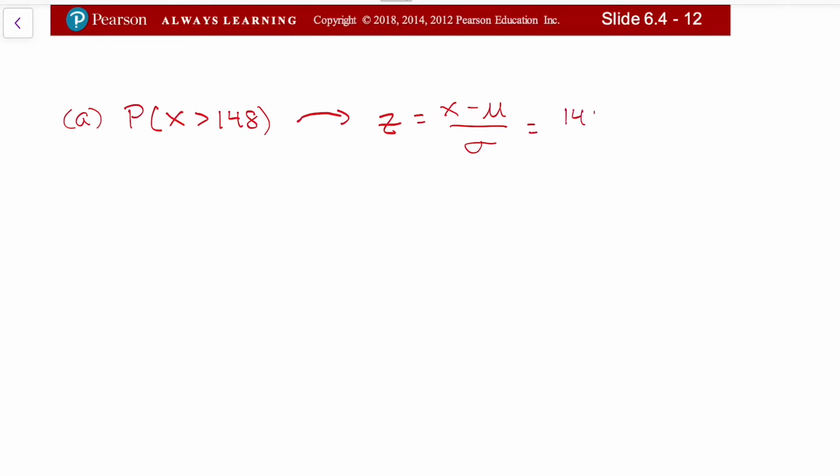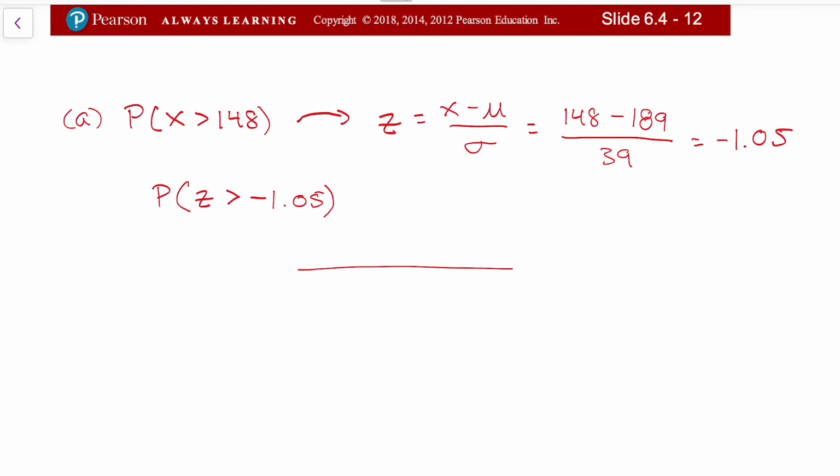I get 148 minus 189 divided by 39. And if I compute this and round to two decimal places, I get negative 1.05. So this now corresponds to the probability that a standard normal random variable is greater than negative 1.05.